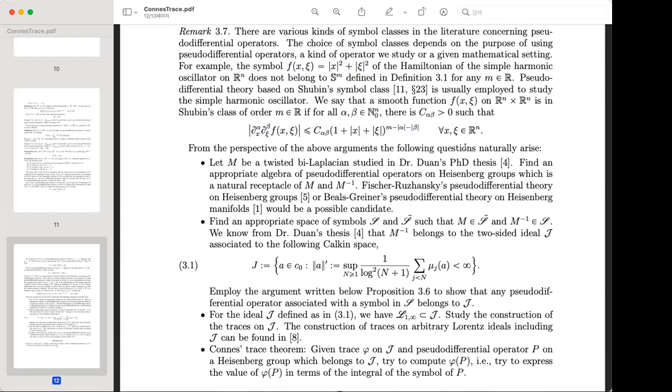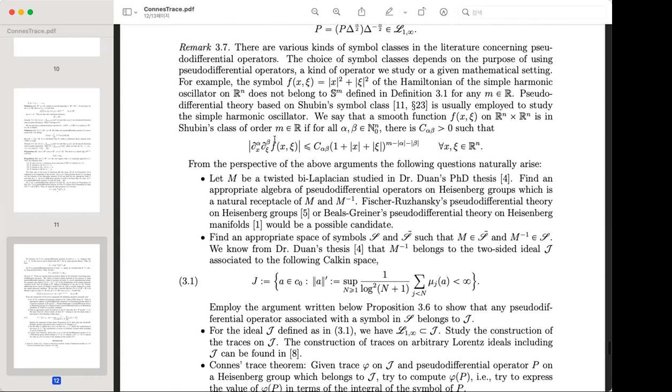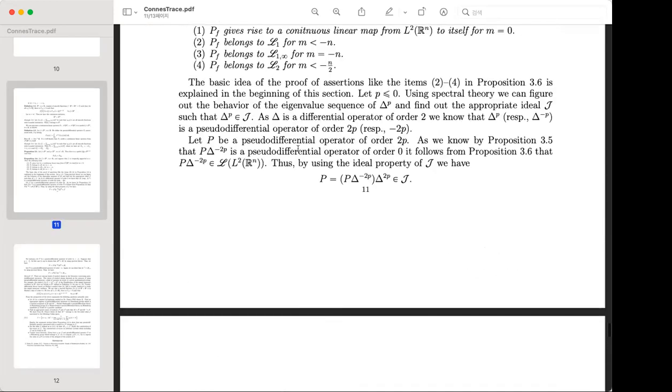So now let me tell you briefly my plan on how to work on all this kind of problem in the Heisenberg group setting. Let's say that I told you that it's important to have the very nice basic model operator.